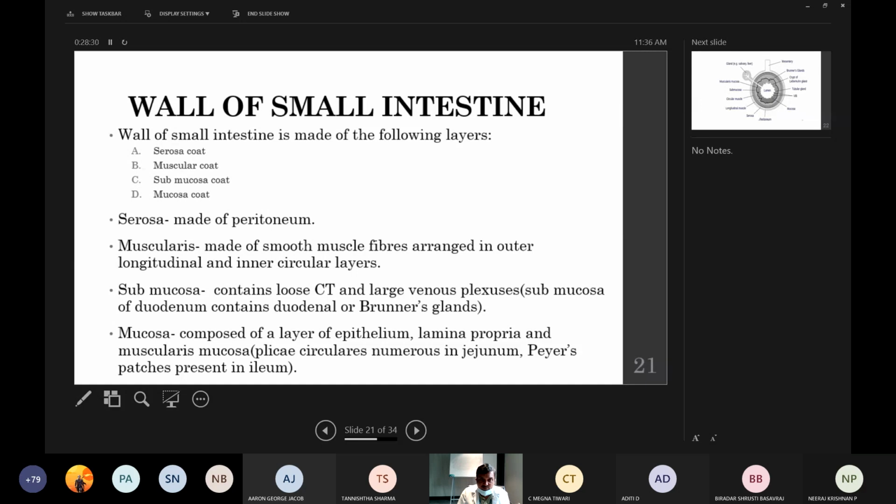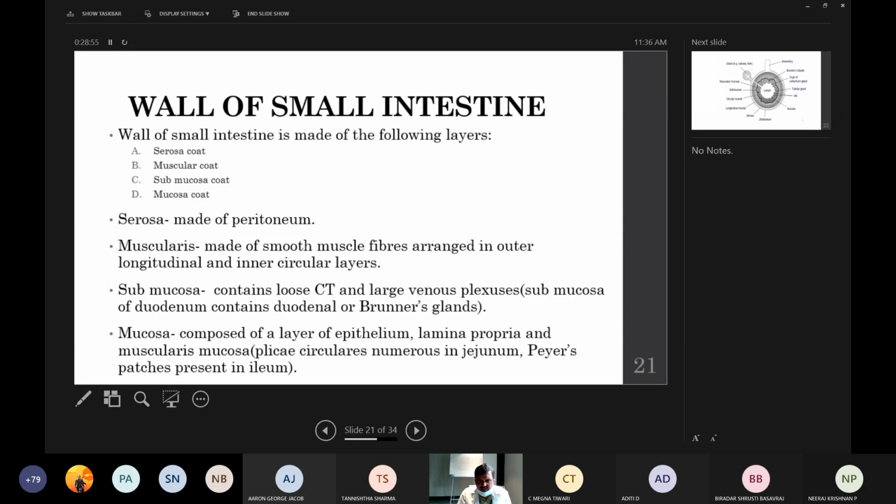The GIT consists of 4 basic layers: mucous membrane, submucosa, muscularis, and serosa. From outside to inside: serosa, muscularis, submucosa, and mucosa. Serosa is made up of peritoneum, whereas muscularis is made up of smooth muscle fibers arranged in outer longitudinal and inner circular layers.